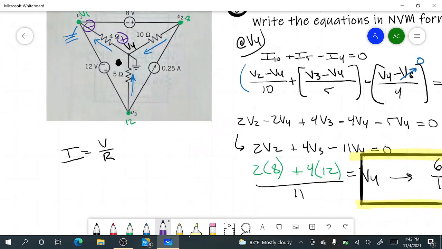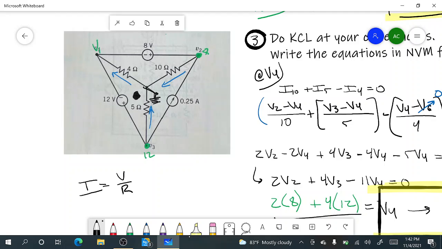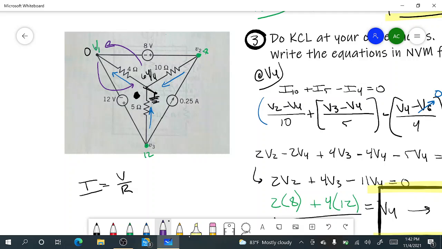When I replace it, if I flip their places, so I take the ground here and I reverse their roles, then what happens is now I put my V1 back here, and I'm now dealing with the ground. All that's saying is that if the top guy was 0 and this was 64 over 11, when I flip them, they're going to reverse places. Because I flipped the ground, their voltages have to flip.